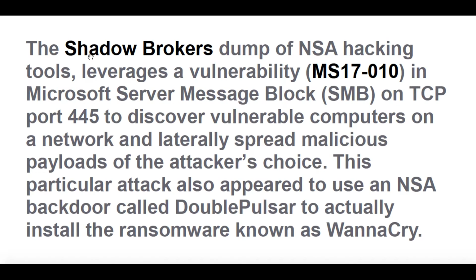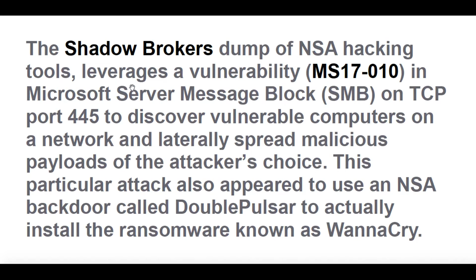Now, that ransomware attack was basically performed by one attacker or hacker group named Shadow Broker. What they did was they hacked the tool developed by the National Security Agency of America.